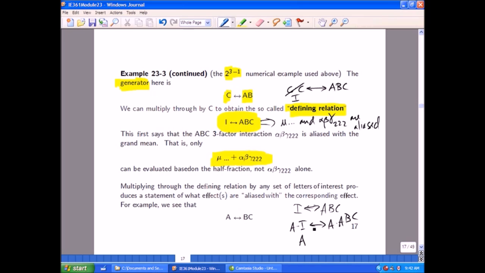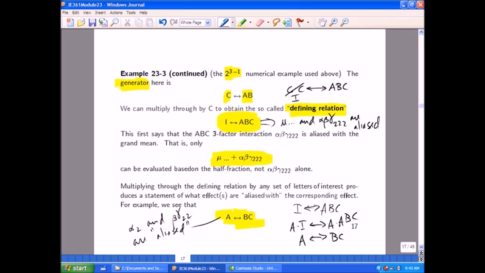Any letter times itself is I, I times B is B back again, and so I wind up with this relationship. What does that tell me? Well, that tells me that the A main effect and the BC two-factor interaction are indistinguishable. That is, they are confounded, they are aliased. So alpha 2 and beta gamma 222 are quote-unquote aliased.